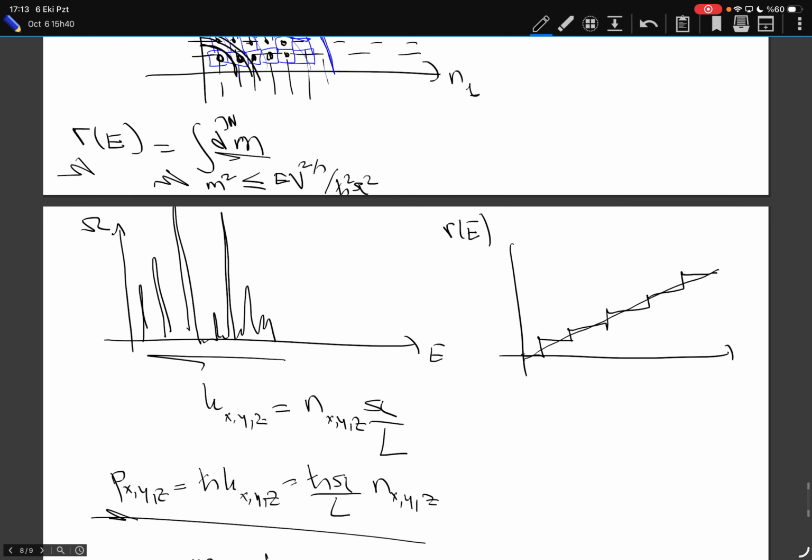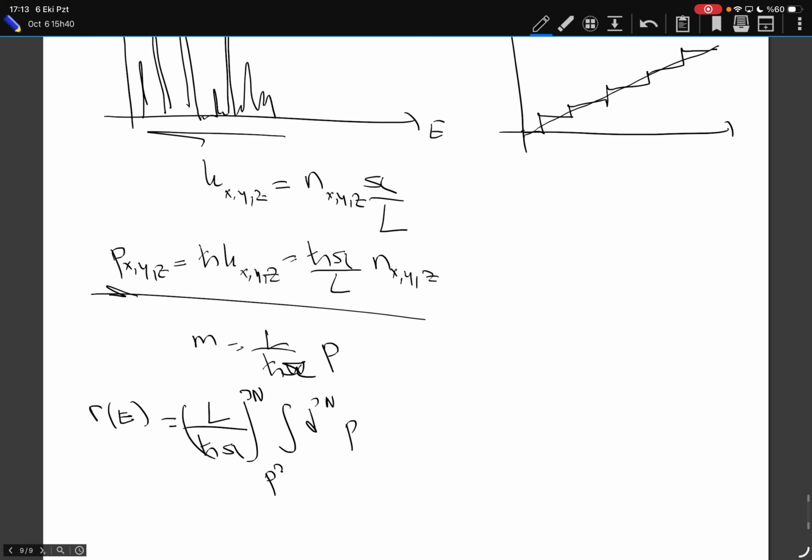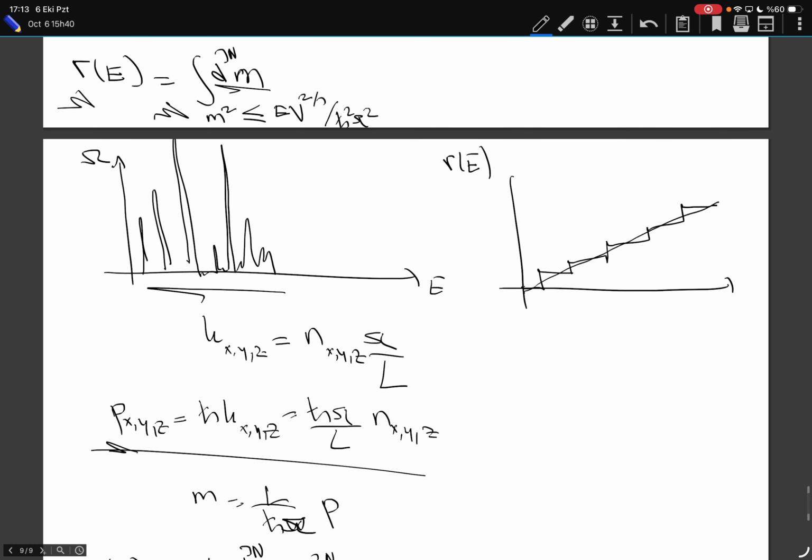So that will be L over h bar pi to the power 3n. Then I have d3n p, I'm integrating over all p, subject to the condition that p squared, remember, m squared was this condition, I can write as h bar squared pi squared over m squared L squared.